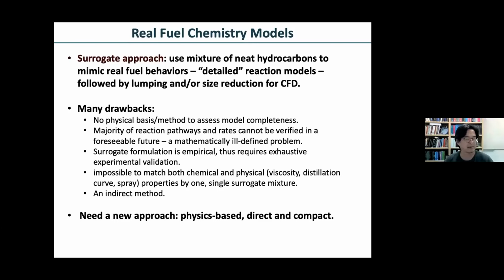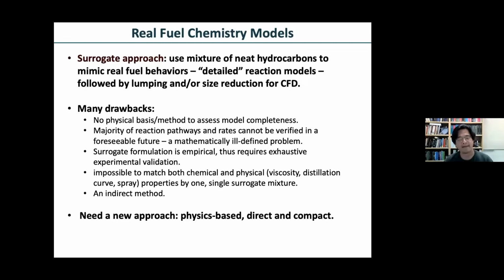And as a result, they have a large uncertainty. With this uncertainty, you often wonder when you get a disagreement with, say, measured laminar flame speed, whether the discrepancy comes from model completeness or from uncertainties in the rate parameters. Okay. So these are the top 2 problems.